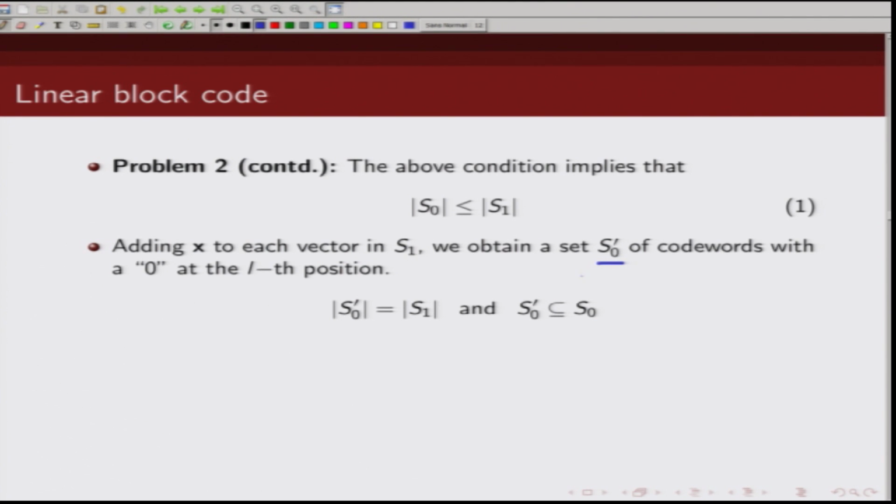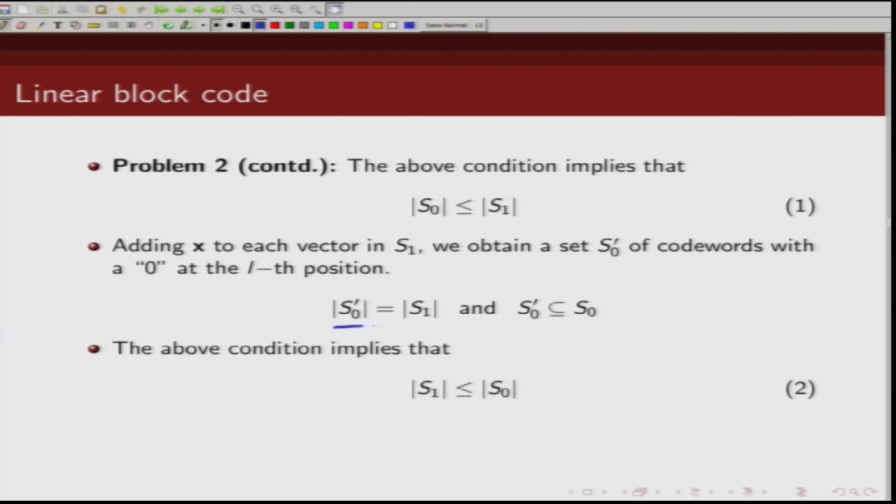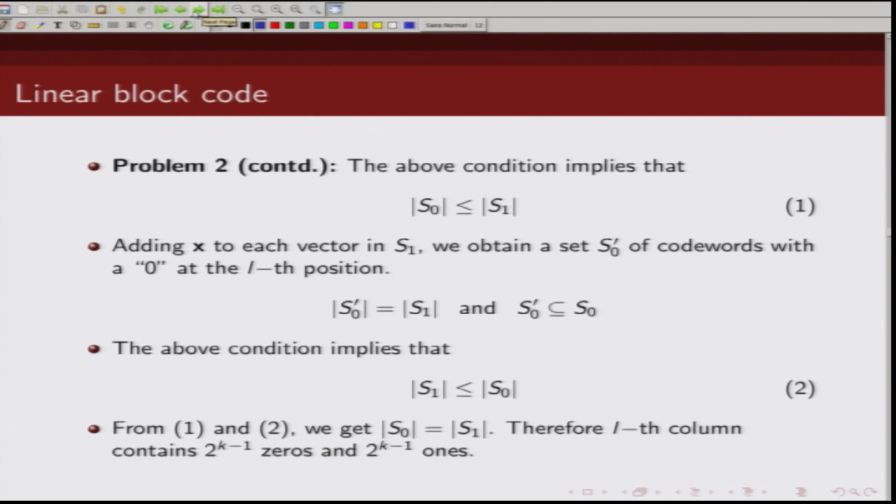Then we can write that the number of vectors in S0 prime is the same as the number of vectors in S1, and since S0 prime is a subset of S0, from this relation and the previous relation we can write that the number of code words which have 1 at the lth location is less than or equal to the number of code words which have 0 at the lth location. Now, equations 1 and 2 will be simultaneously satisfied only when equality holds. So, this shows that at any lth location, the number of code words which have 0 at the lth location is the same as the number of code words which have 1 at the lth location.